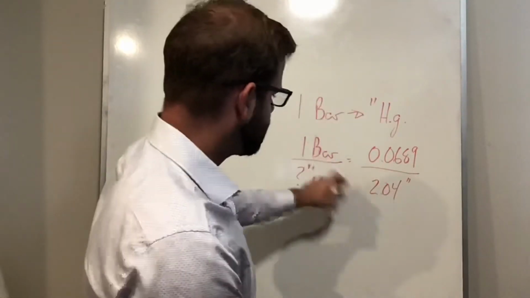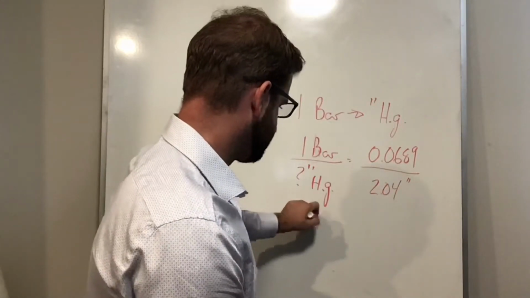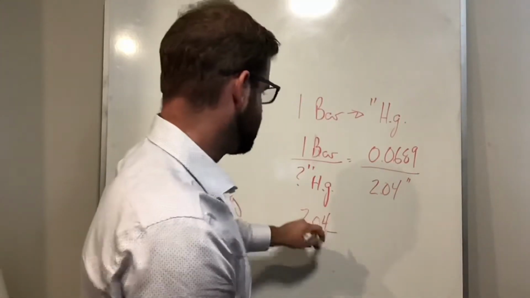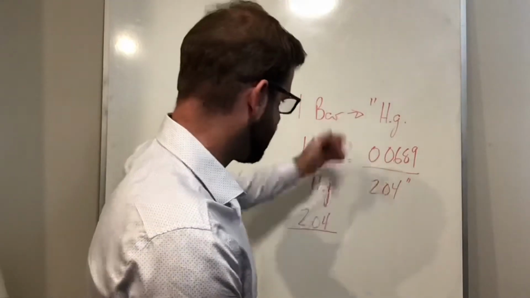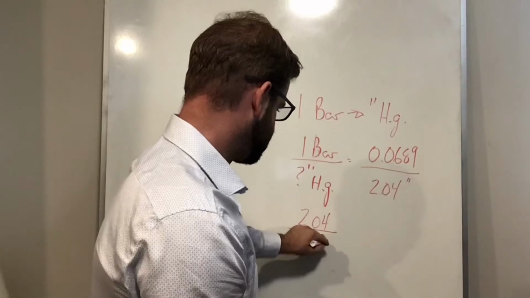So we do 1 times 2.04, which is obviously 2.04, and then we divide by the only other one, 0.0689.